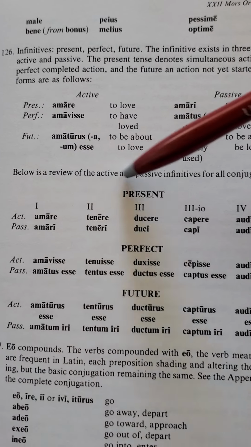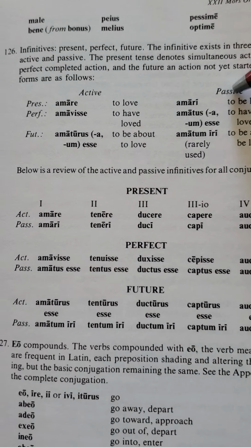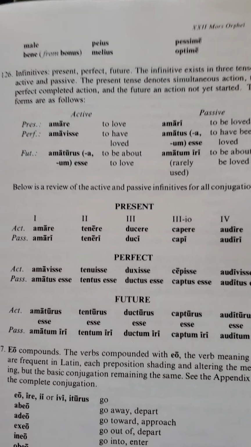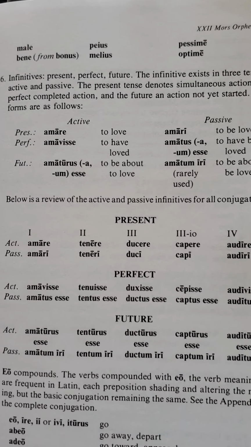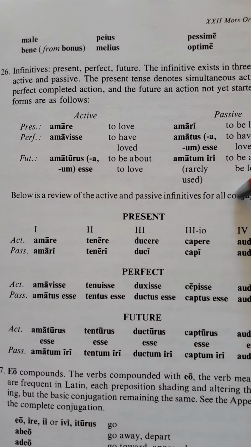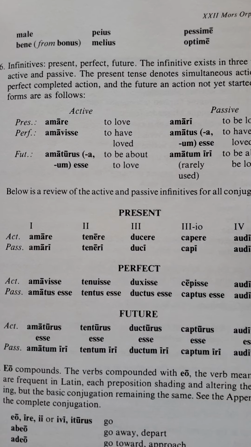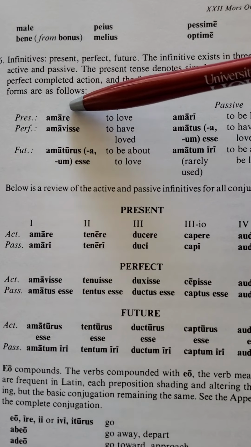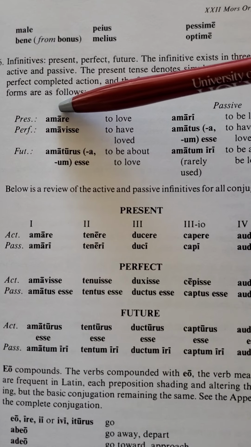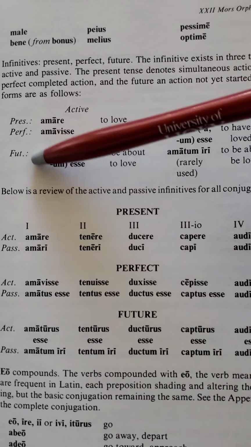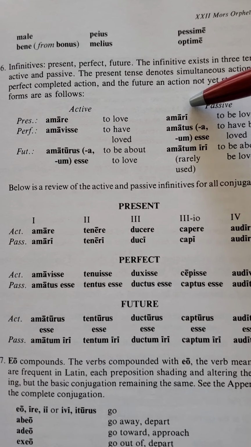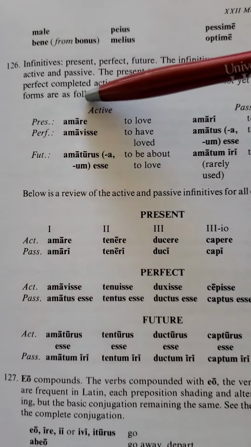And as you see, there's active and passive infinitives, present, perfect, and future. And these infinitives can be used by themselves, like we have a complementary infinitive used in a sentence. But a lot of the time these infinitives are going to be used in indirect statement, which we'll get to next chapter. So just look at these infinitives.